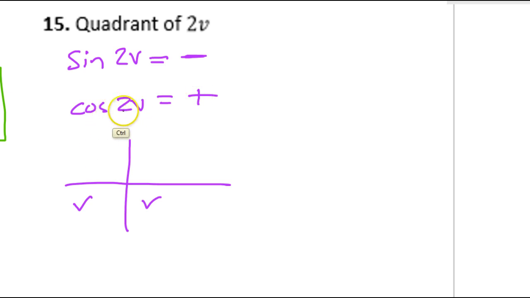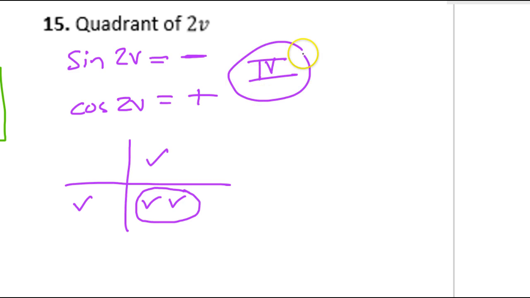Cosine is positive to the right of the y-axis because cosine is an x value. So cosine will be positive here and here. So the quadrant that satisfies both criteria, that's the fourth quadrant. So that's going to be the answer. Quadrant 4. Kabam.